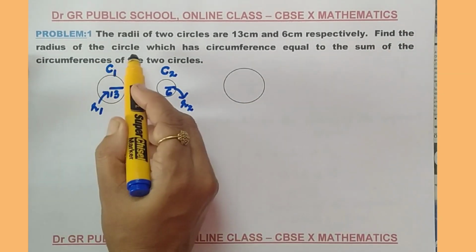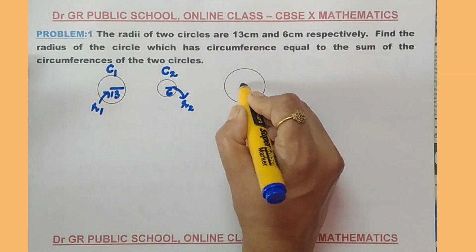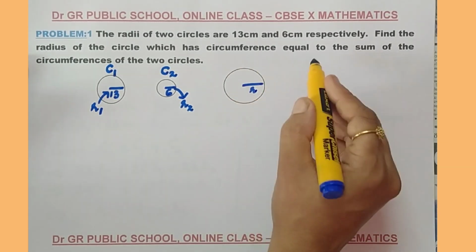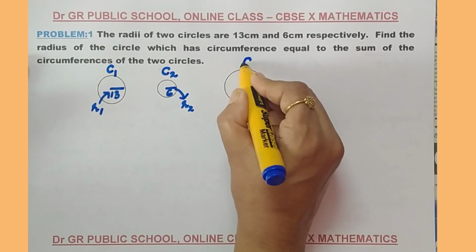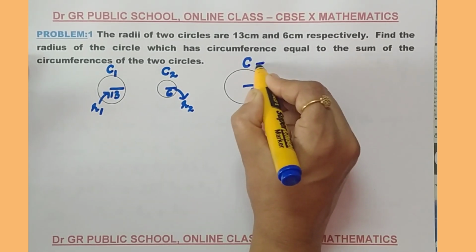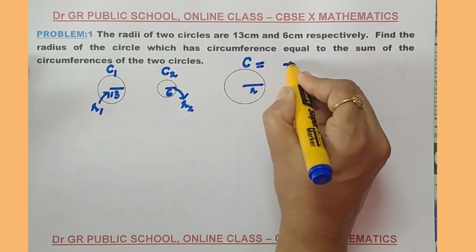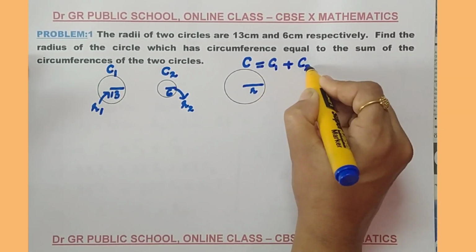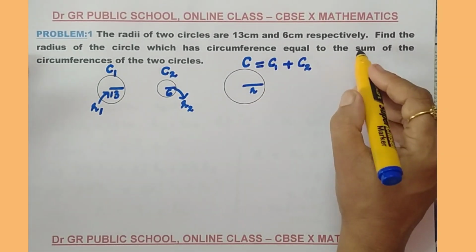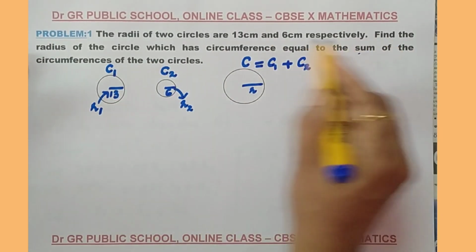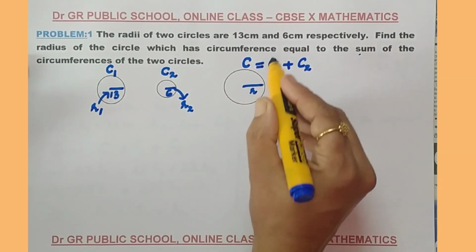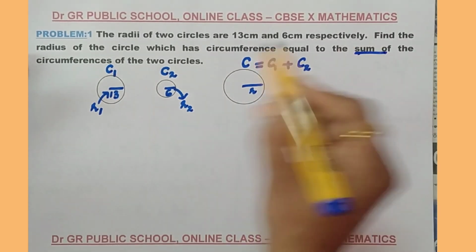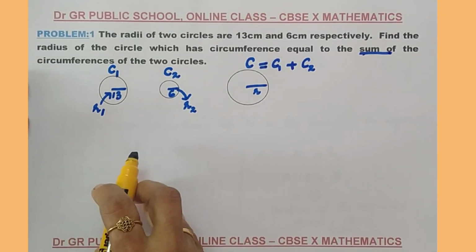I need to find the radius of another circle which has circumference equal to the sum of the circumferences of the two given circles. So actually this is the condition given for you.